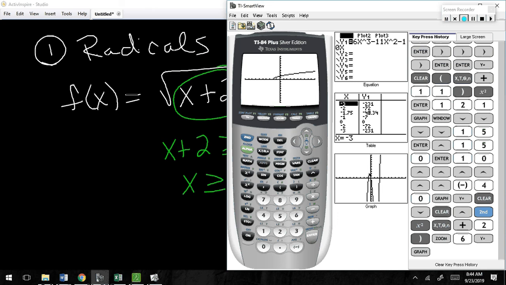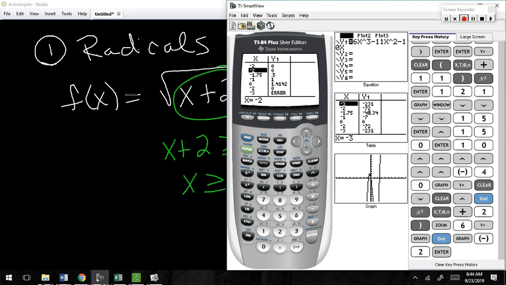What you can also do, since we know it goes over to -2, is hit second graph at -2 and see what the value of y is. That tells me that this point right here is -2, 0.